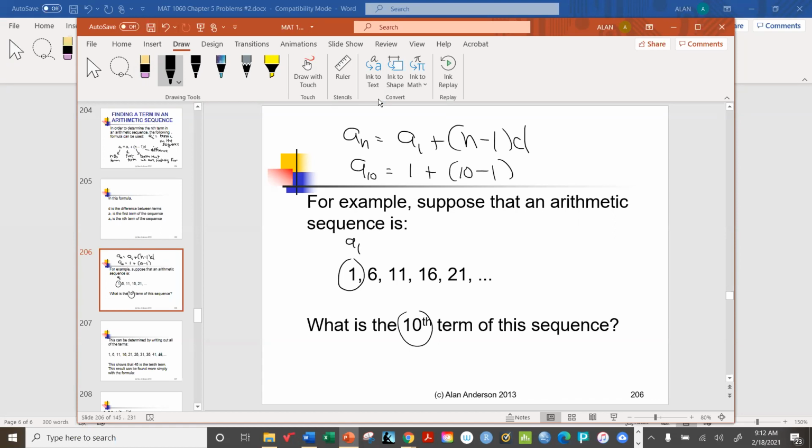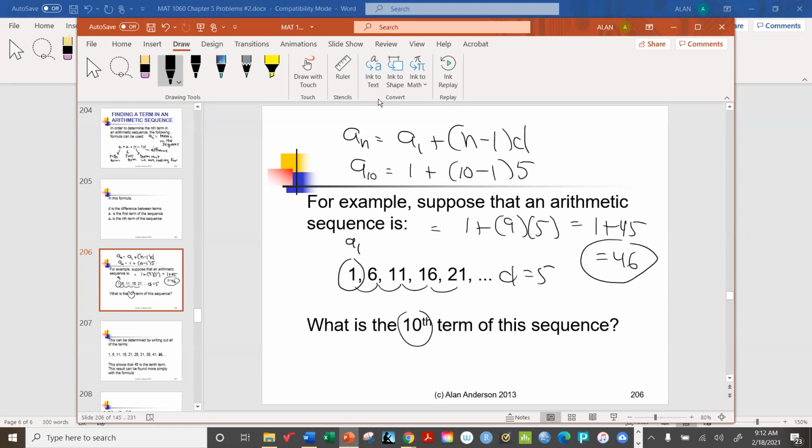And you can see that the common difference is 5 because we go from one term to the next, we're continuously adding 5. And so we have 1 plus 9 times 5, and that equals 1 plus 45, which is 46. So rather than counting them all out, you can just use the formula. And we have 46 for our 10th term.